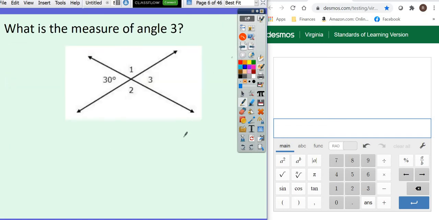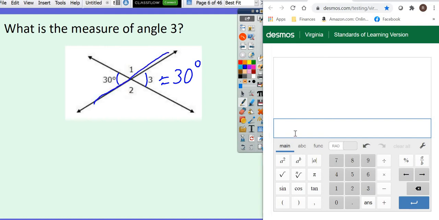Oops, I skipped one. This one says, what is the measure of angle 3? Well, if I look, I see that they are vertical, and vertical angles are always congruent. So that means angle 3 has to equal 30 degrees. But what if they wanted to know what angle 1 is? Well, then I have to look here and see that those two form a straight line.